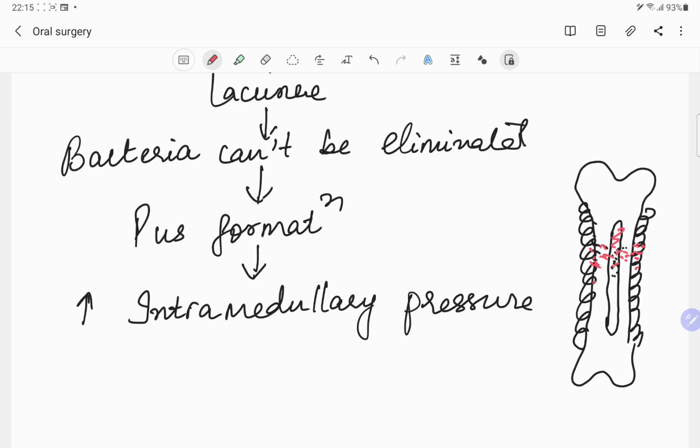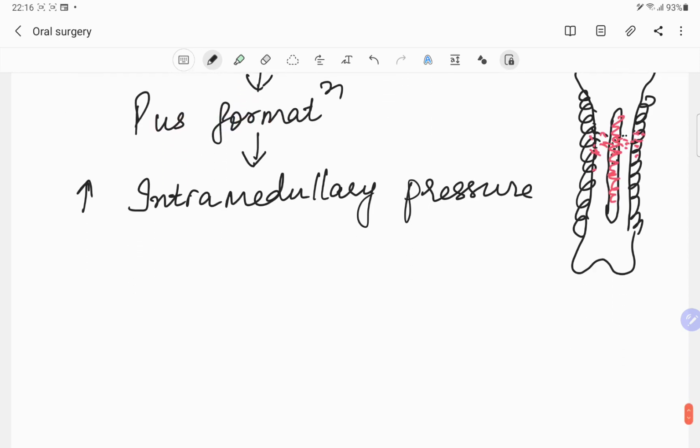Since it starts from the medullary region, there is an increase in the pressure in the medullary region of the bone. So there is an increase in intramedullary pressure and decrease in the blood supply to the bone.